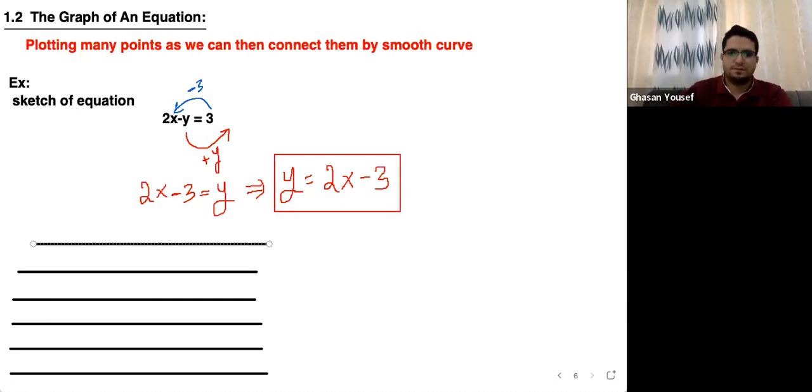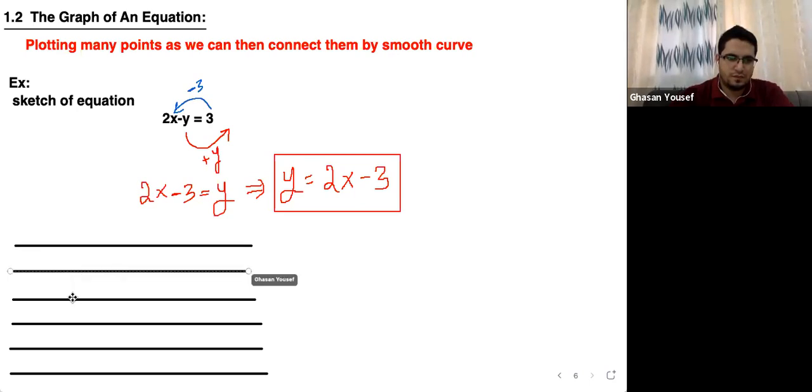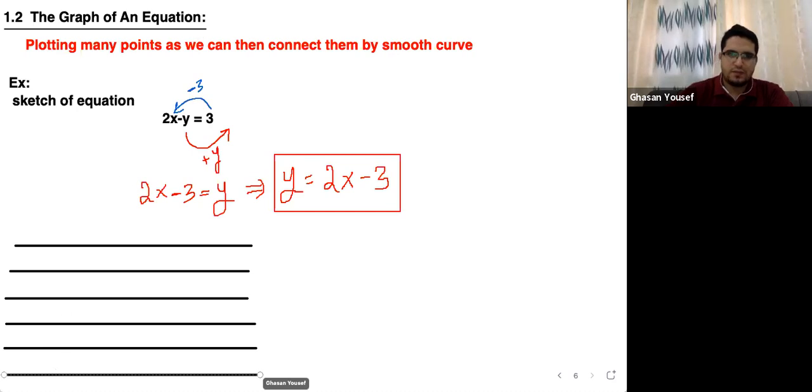In this table, I need the x coordinate, this is my x coordinate. This is my y coordinate. And here is the ordered pair.